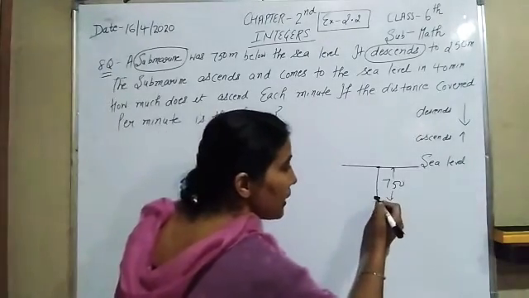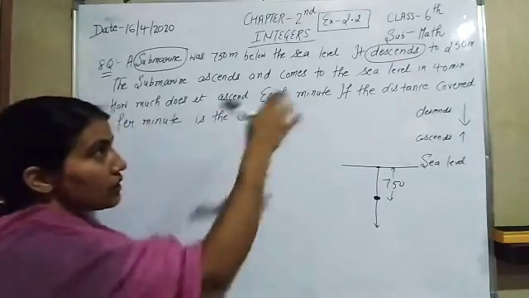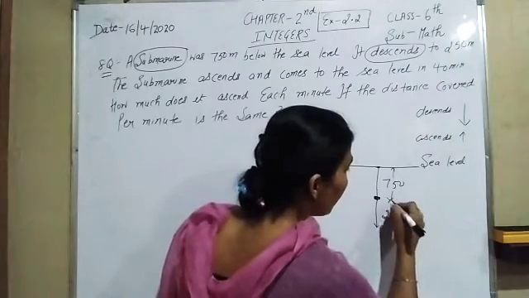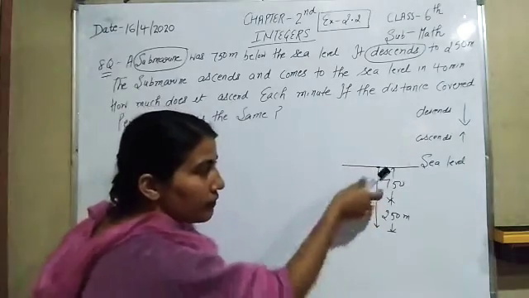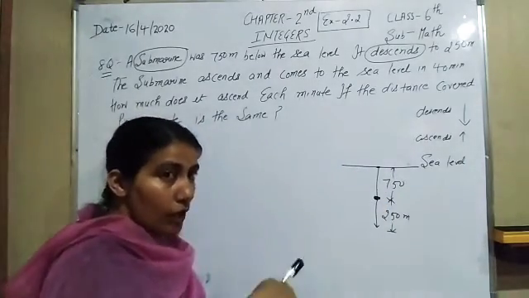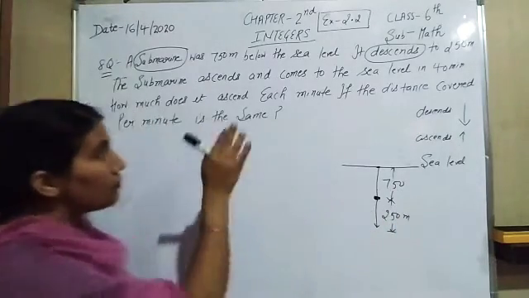From this position, it goes to another downward position, 250 meters. Now come to the next one.